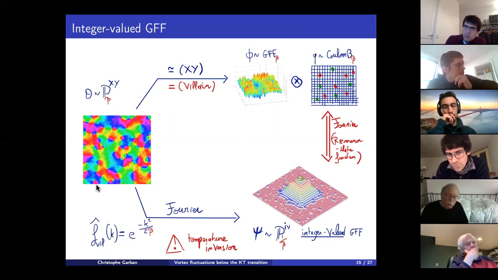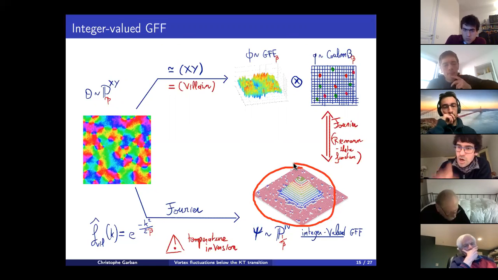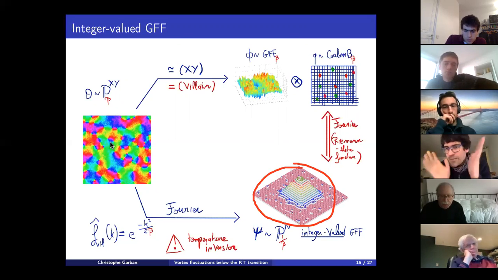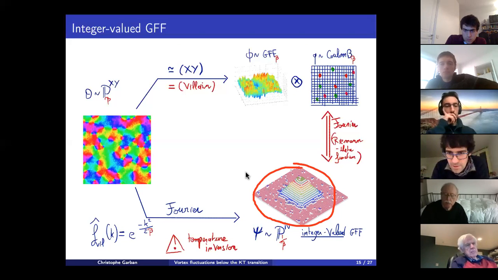So if you Fourier transform the Villain model, you naturally end up with something which is a random field on the two-forms. So this is a random field on the faces of this graph, which if it was an n by n square, is still more or less an n by n square.